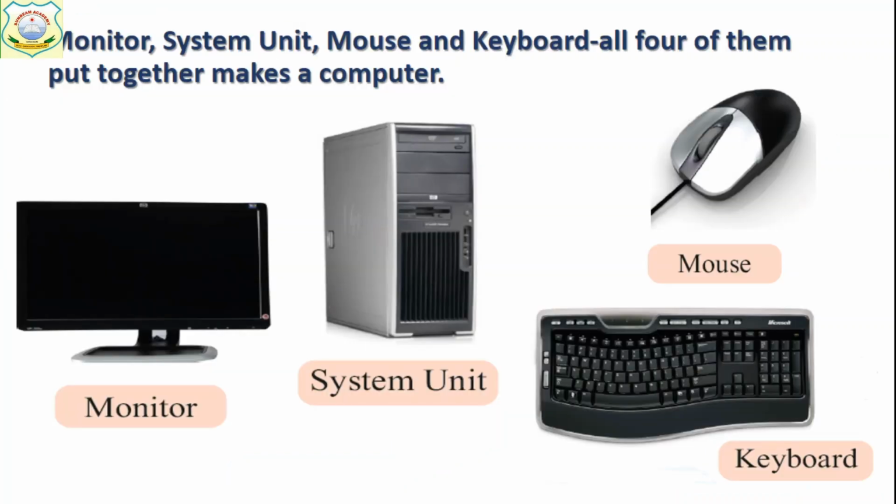See one more time: monitor. See all the parts separately. This is monitor, system unit, mouse and keyboard. All these parts collectively called computer system. All these are necessary to complete our computer system.